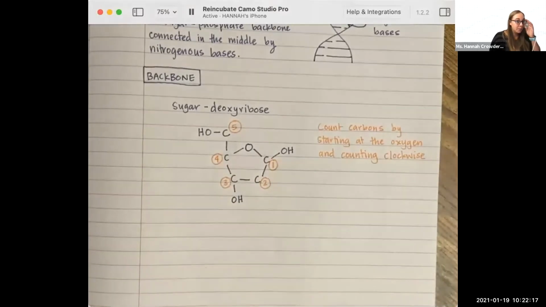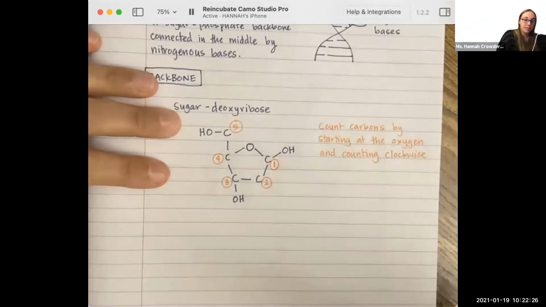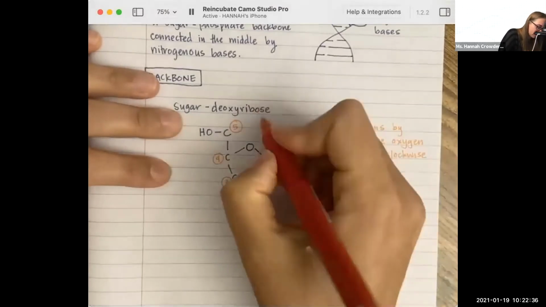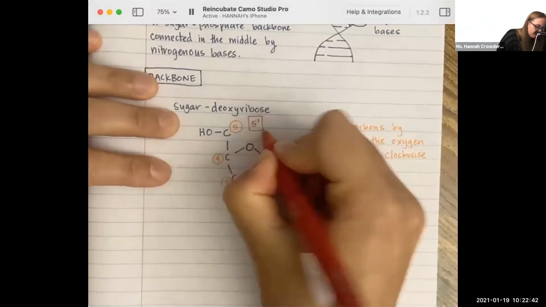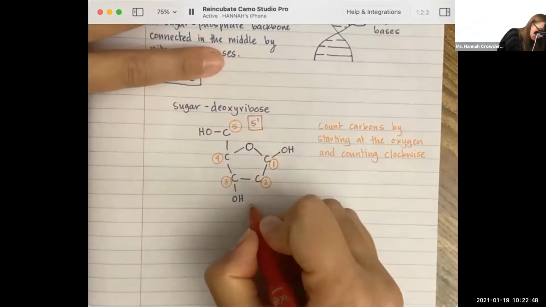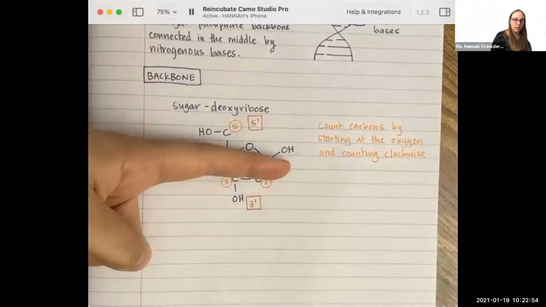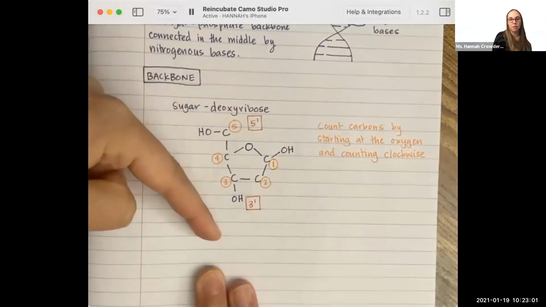And this is going to be important because we're going to be talking about 5' and 3' ends of this carbon. DNA is read in a specific direction, and that is from 5' to 3'. And the way that we label this is the 5' end of the carbon. So 5' is the end of the sugar that has the 5 carbon, and the 3' is the end of the sugar that has the 3 carbon. So I've got my 5' carbon and I've got my 3' carbon.